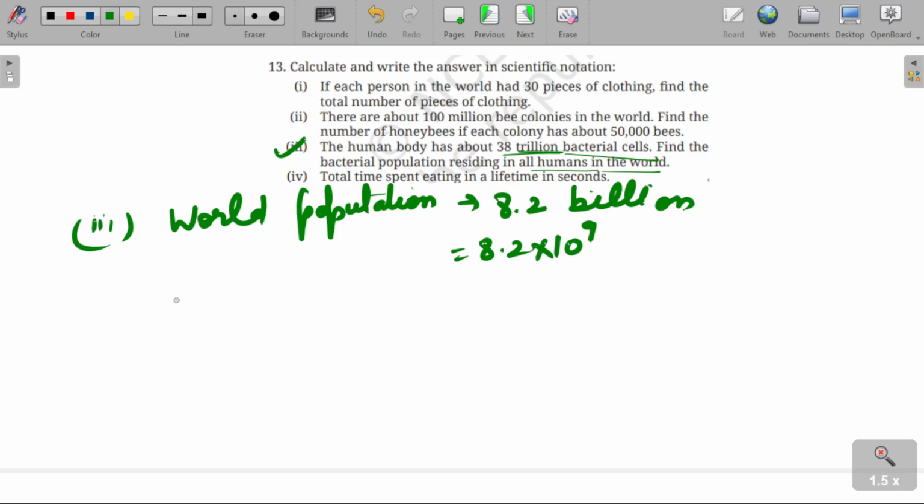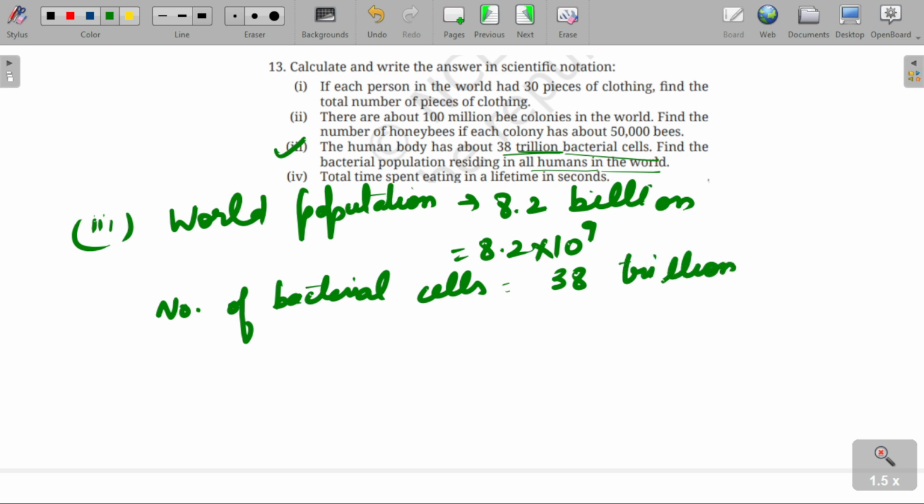And in the question, the number of bacterial cells is 38 trillion. 38 trillion means 3.8 into 10 raised to 13. This is the scientific notation of trillion.